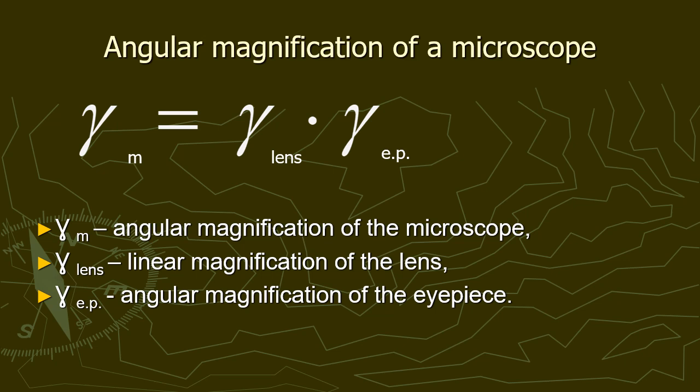Since in our case, if we consider a microscope, we use both a lens and an eyepiece, then we can say that the magnification of the microscope is determined by the product of the angular magnification of the lens and the angular magnification of the eyepiece.